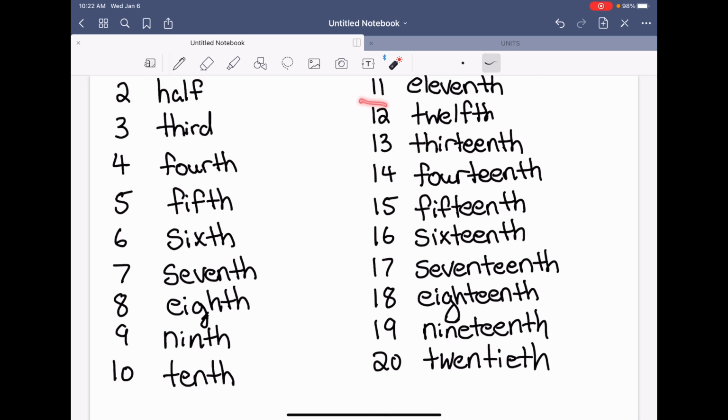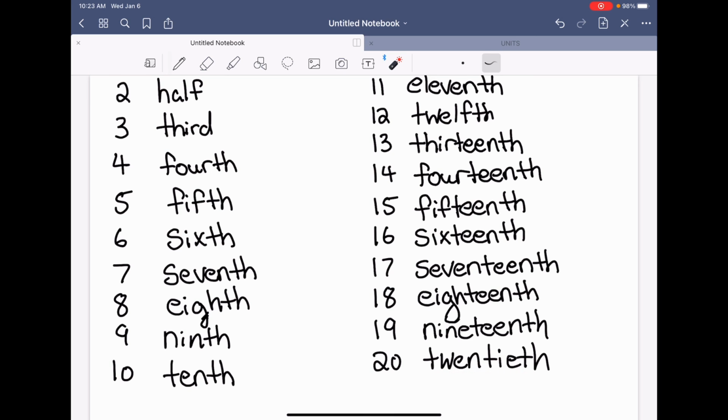We see 11, we write 11th. 12, 12th. 13, 13th. 14, 14th. 15, 15th. 16, 16th. 17, 17th. 18, 18th. 19, 19th. 20, 20th.